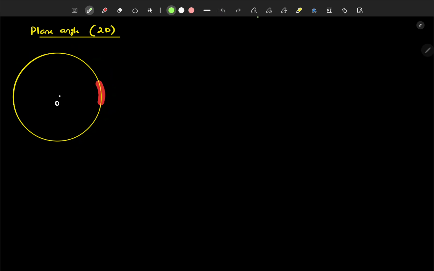The length of the total arc, that is your biggest arc, is 2 pi r. Out of the whole, the red color portion arc is a very small length. Let it be dl. What is dl? dl means differential part of L. Your L is the total arc length, and dl means a differential part, that means out of the whole we are considering a small portion.